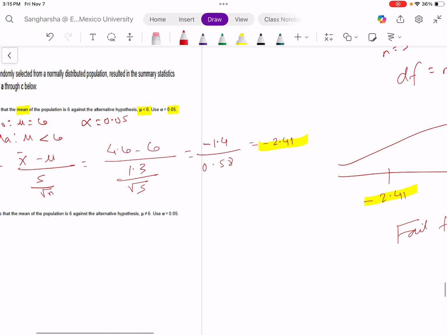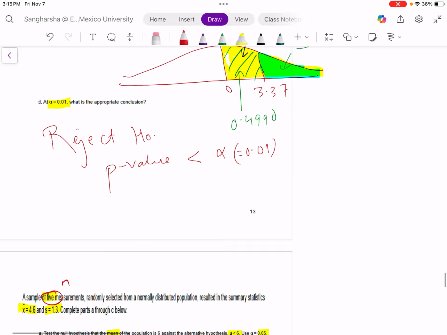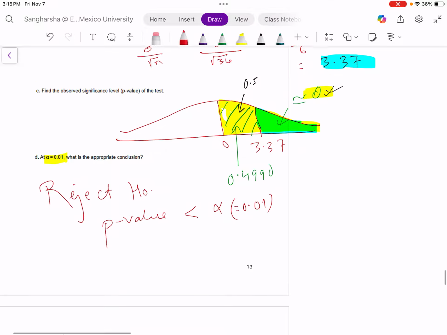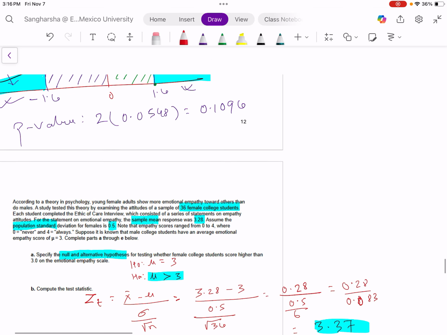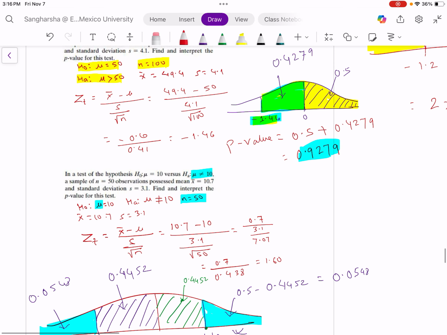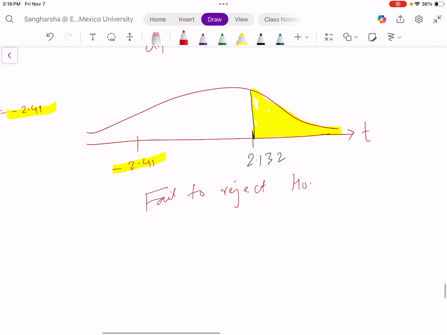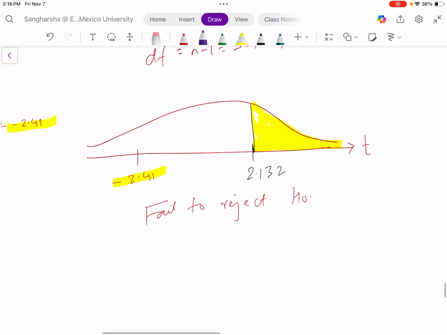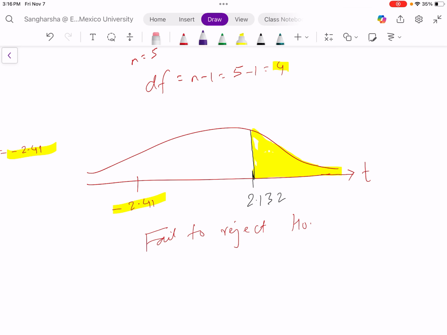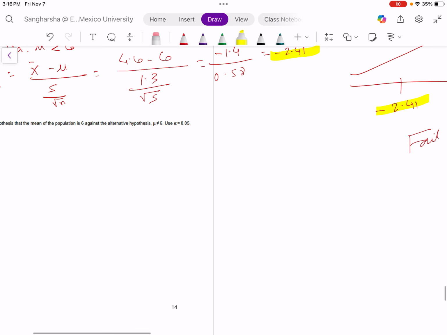Let me go back and double check what we did here. The decision is that when our test statistic is in the rejection region, we reject the null hypothesis, and if our test statistic is not in the rejection region, then we fail to reject the null hypothesis.